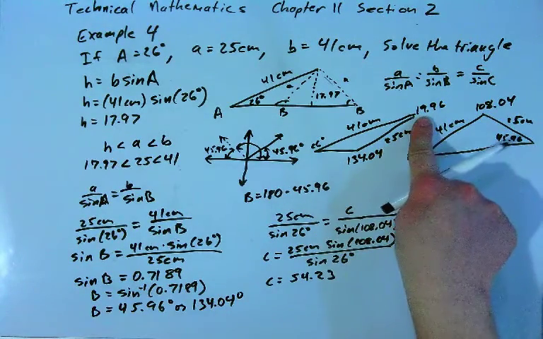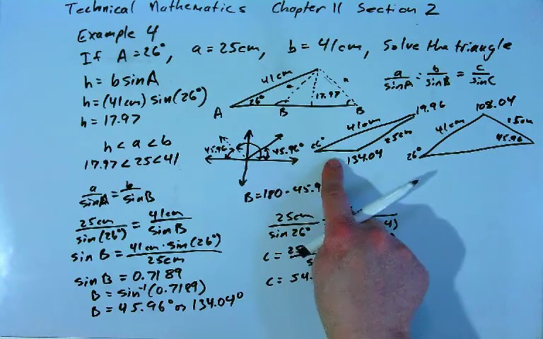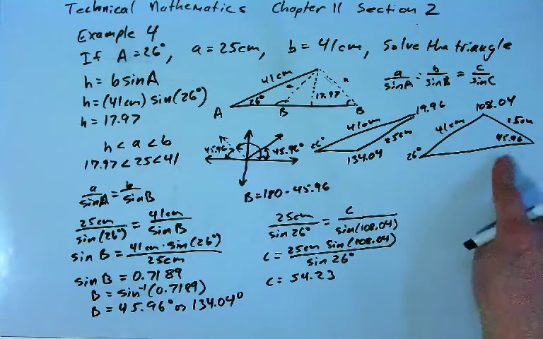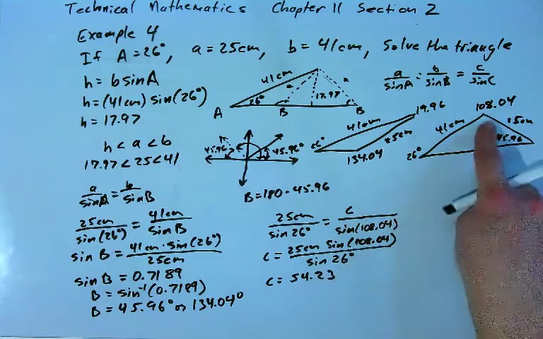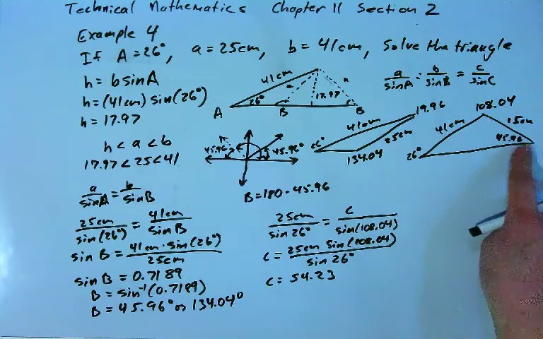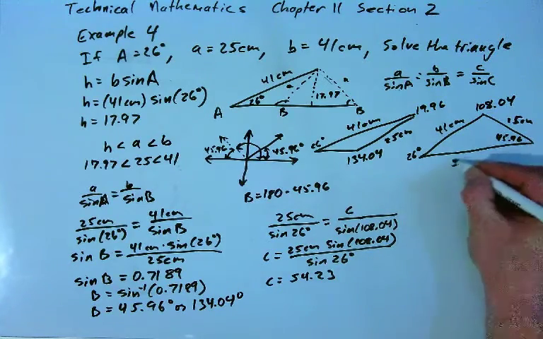So in this triangle, where angle C is an acute angle and angle B is obtuse, then side c, it's this triangle, right, where angle C we think is 108.04. In this triangle, where angle C is 108.04 and angle B is 45.96, we get a length of side c of 54.23.